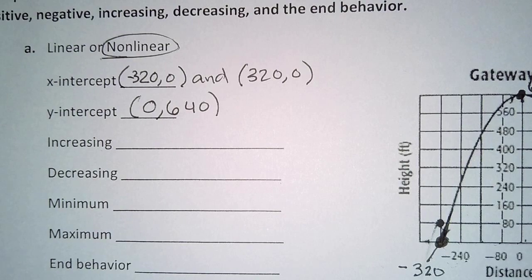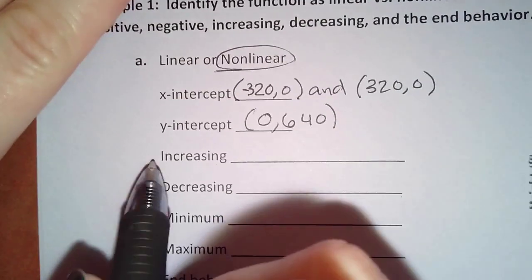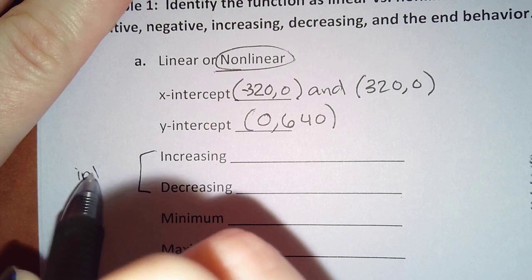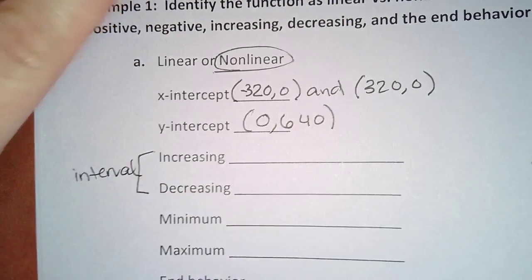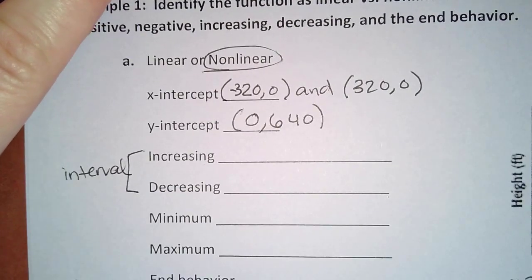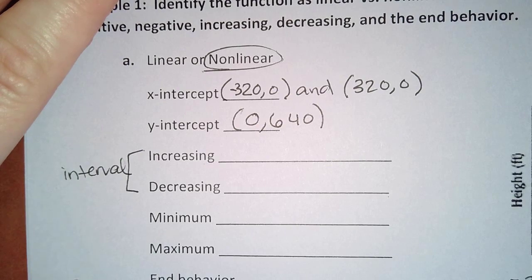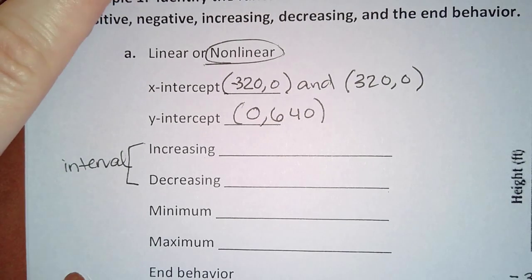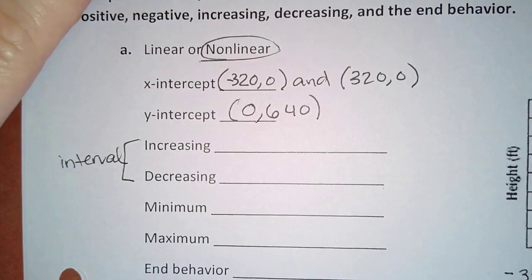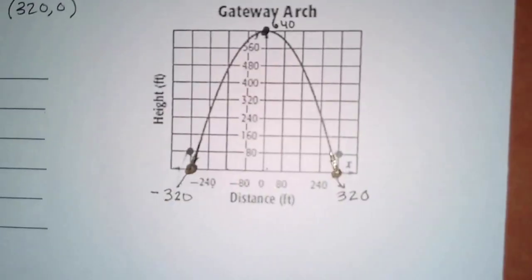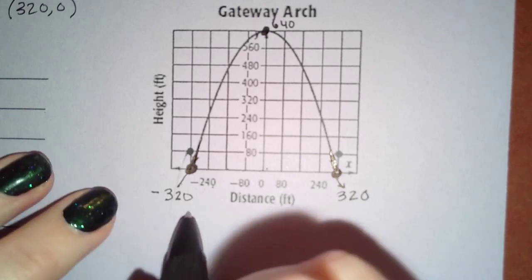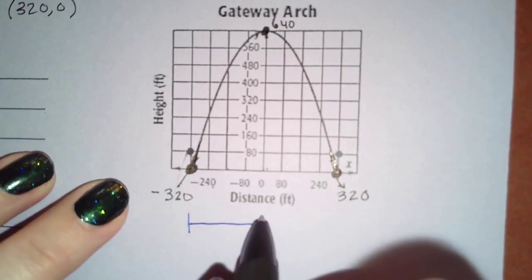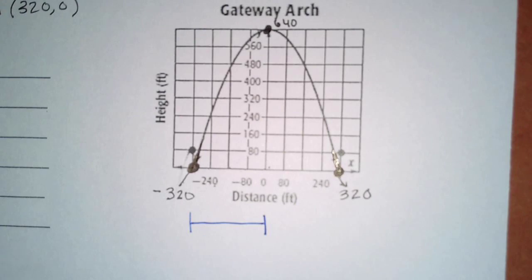Okay, so increasing. This is where we use interval notation, like we did when we did the domain and range. Increasing and decreasing. So I could kind of break this graph into 2 sections. From here to the peak, something's happening.